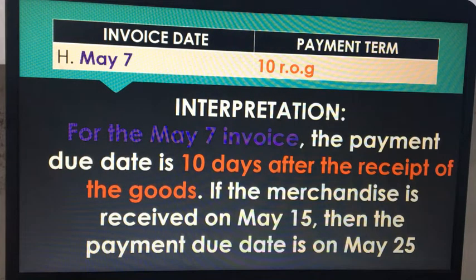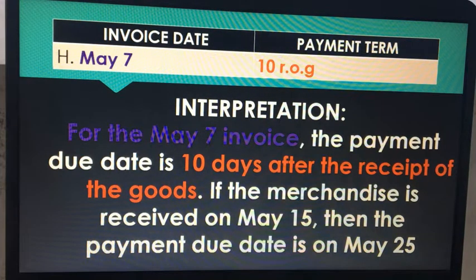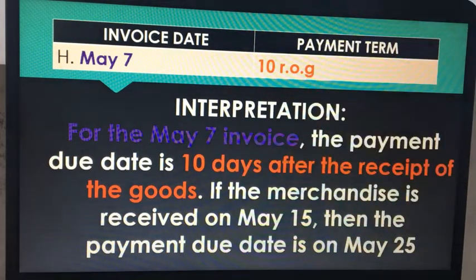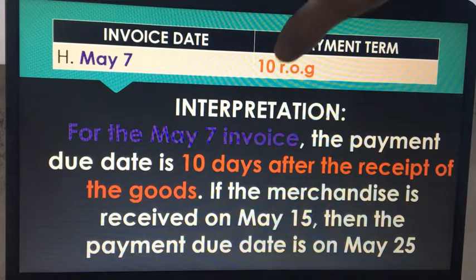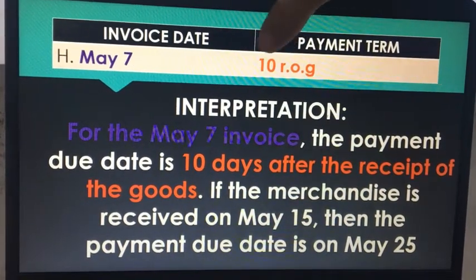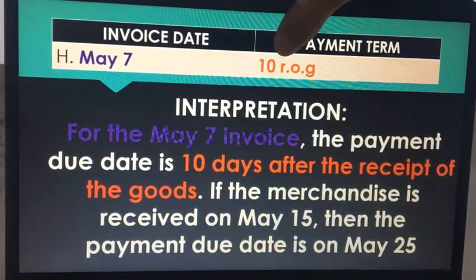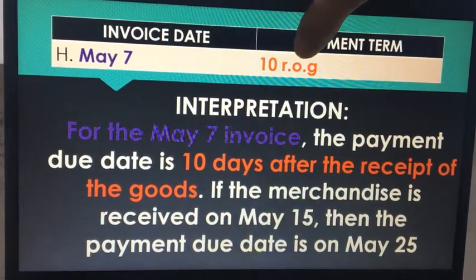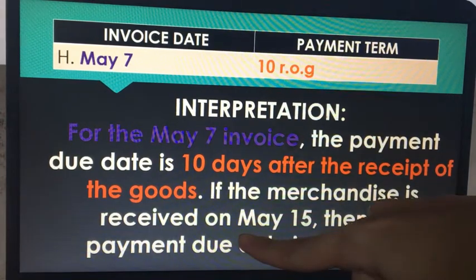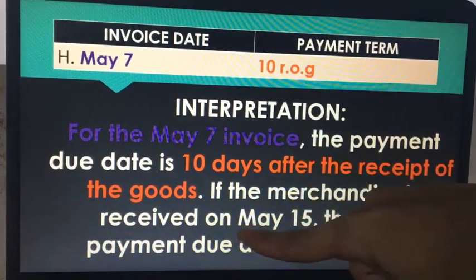Meaning, the due date only begins when the goods are received by the buyer. Say for example, May 7 is the invoice date. That is not the date that the buyer received the goods, because it says ROG. 10 ROG means 10 days after the buyer received the goods. Say the buyer received the goods on May 15.